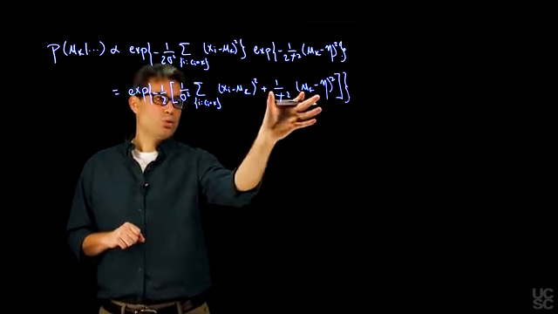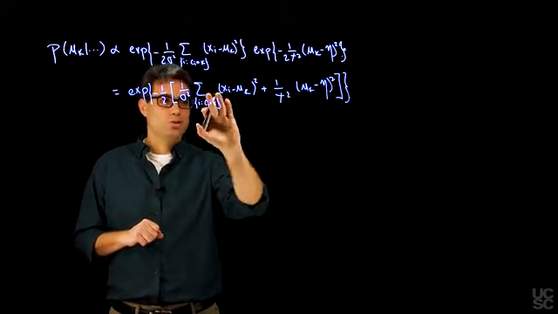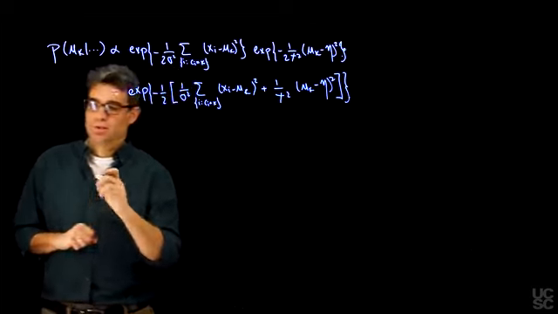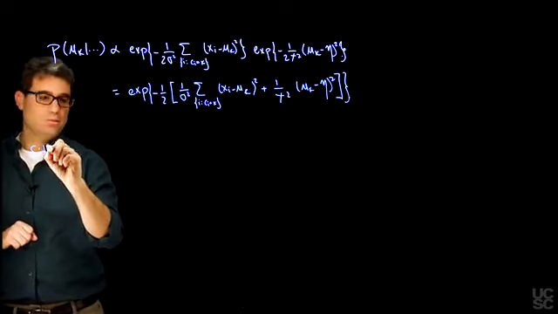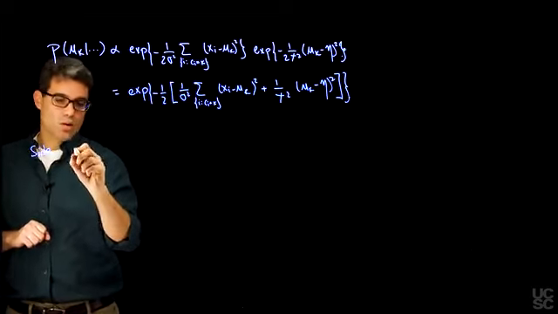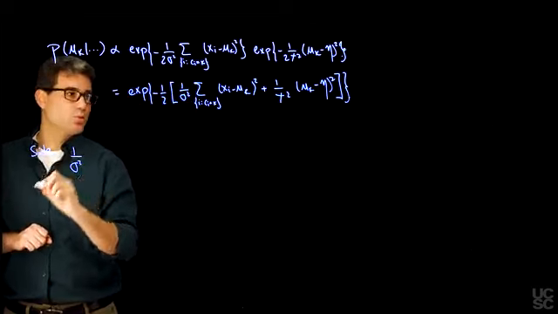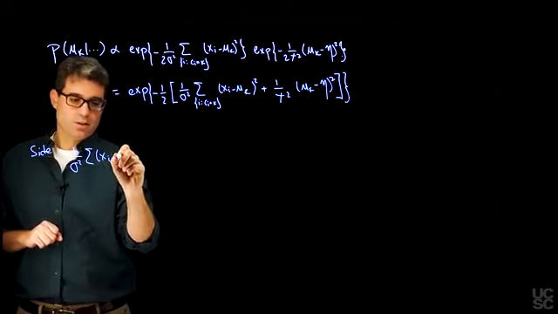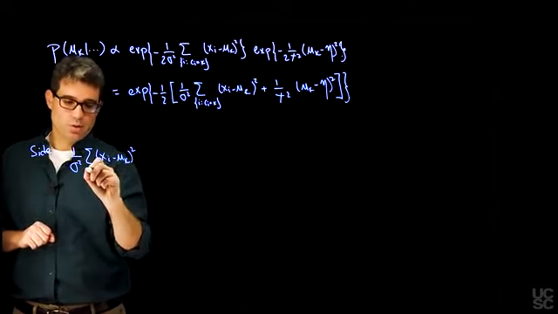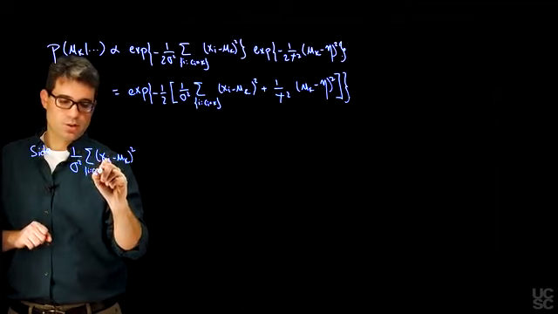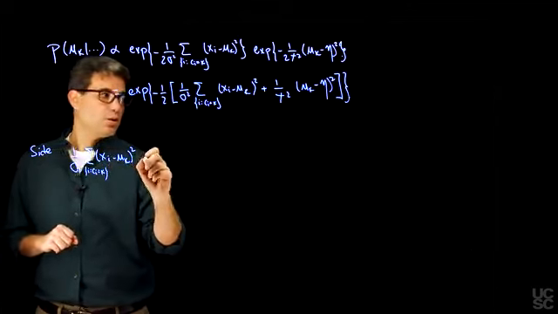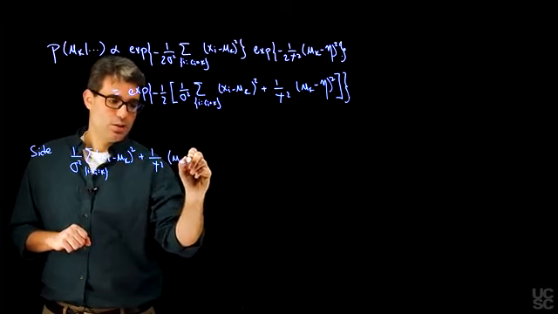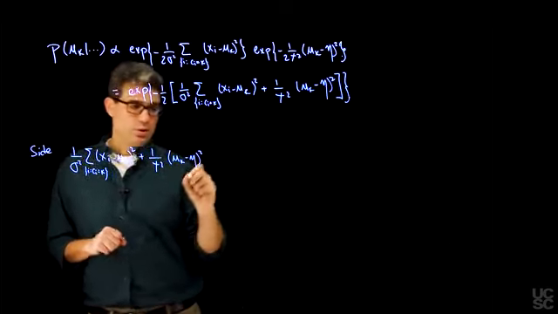So I'm going to work with this expression, with these two terms aside, and then I'm going to plug it back. So as an aside, I'm going to have 1 over sigma square sum of x i minus mu sub k square, with the sum over i's such that c i is equal to k, plus 1 over tau square mu sub k minus eta square.